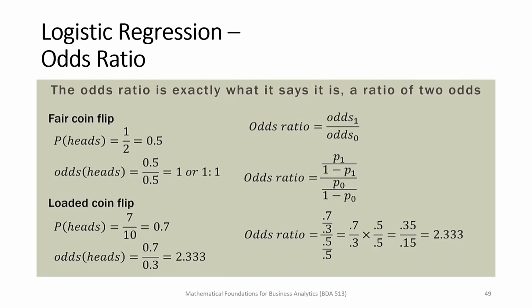The odds 1 is 0.7 over 0.3. That's the first odds. And then odds 0, remember, is 0.5 over 0.5. If you work it out, it becomes 2.33. So the odds ratio in this situation is 2.33.